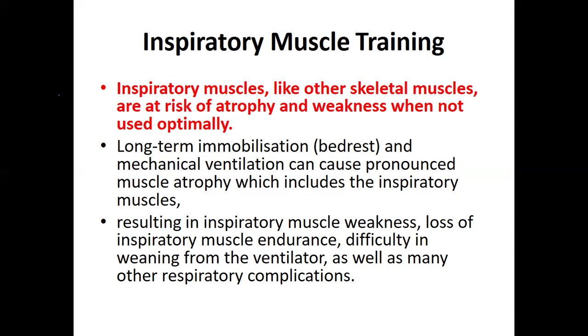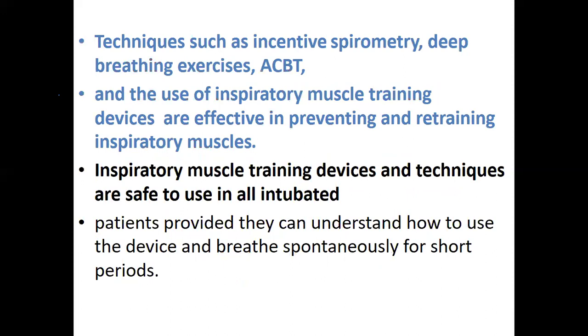This will make them lose inspiratory muscle endurance, with difficulty in weaning off the ventilator, as well as many other respiratory complications that may arise. Techniques such as incentive spirometry, deep breathing exercises, ACBTs, and the use of inspiratory muscle training devices are effective in preventing weakness and retraining inspiratory muscles, and will help in maintaining the integrity of these muscles.